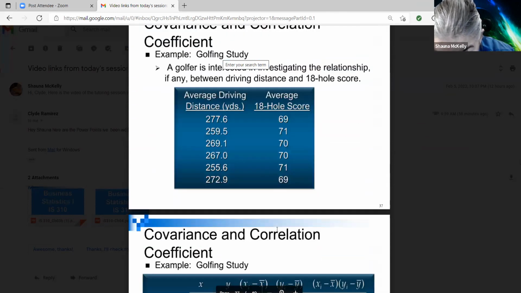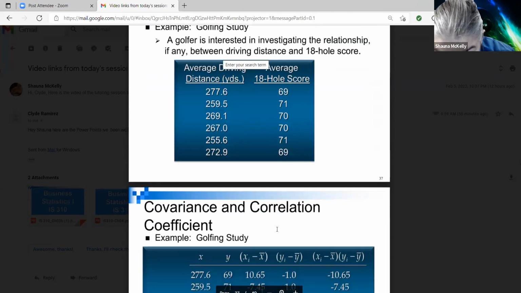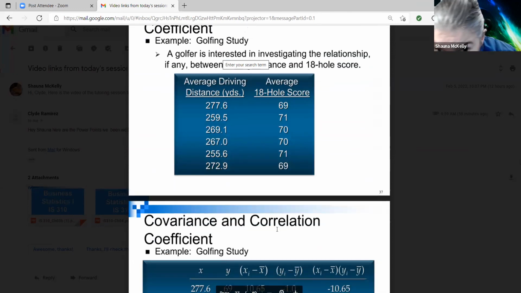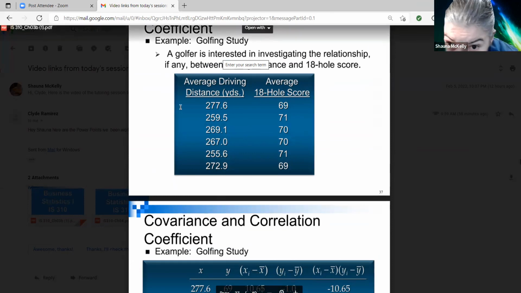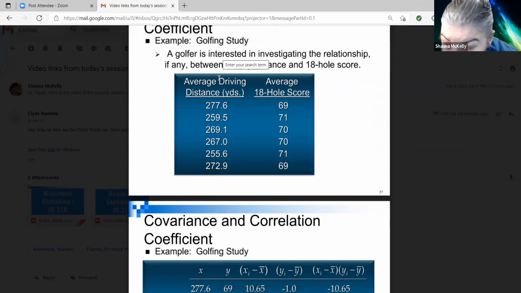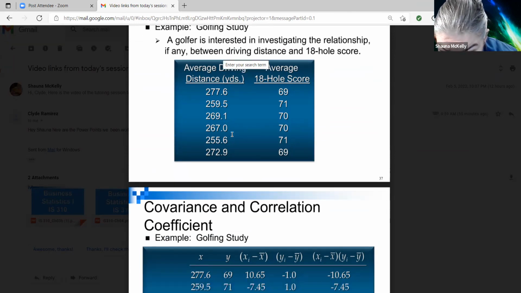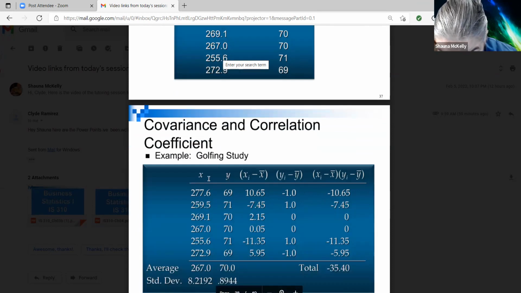Now, she has a tendency not to show you how she did it, but here she did a pretty good job. So this is one variable, the average driving distance with your golf club. And this is your score on the 18th hole. So your average driving distance is your X right here.